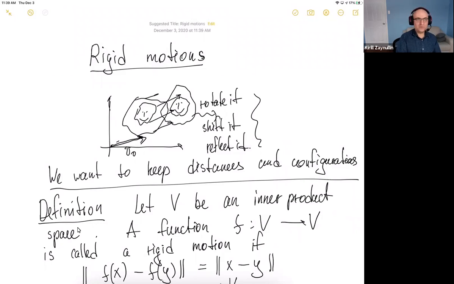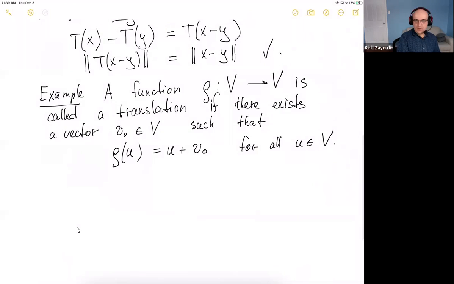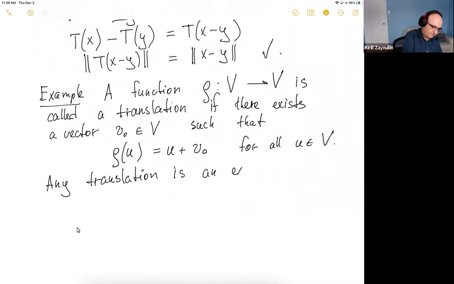Okay, so that's a movement by that vector. Now, well, I claim that any translation, any function like this, is an example of a rigid motion.